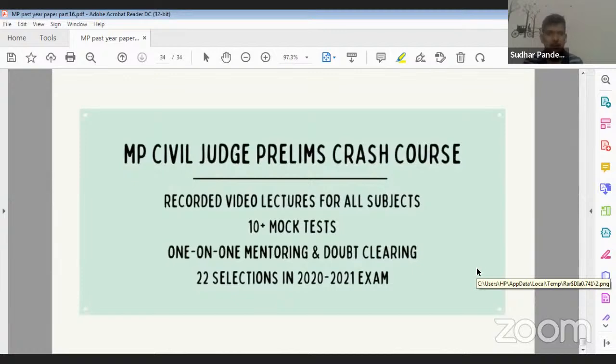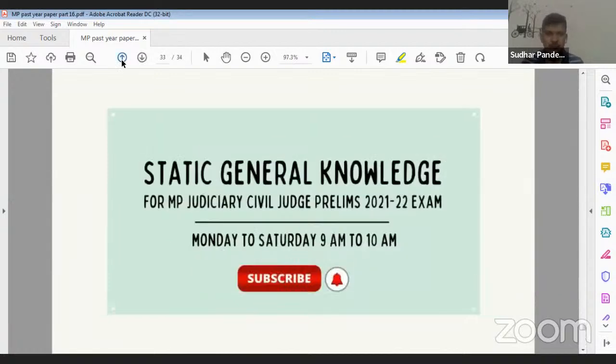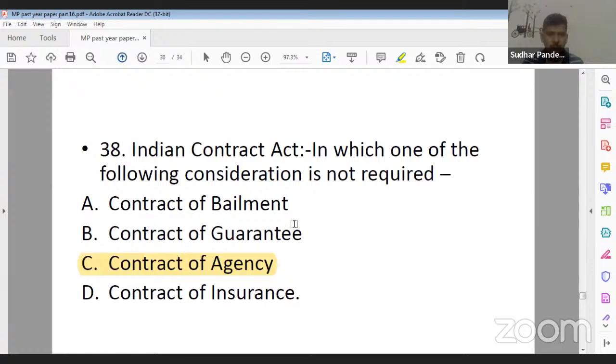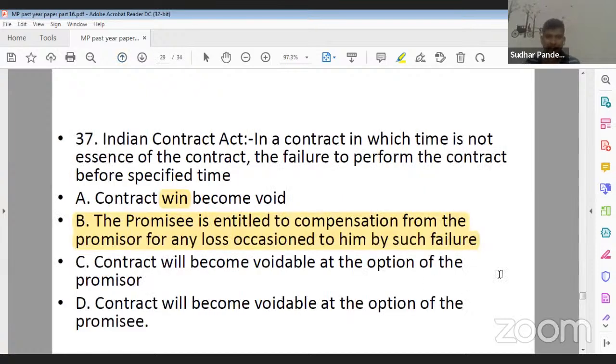Now coming back to Ankita ji's question, question number 37, she wants me to explain more. This question is simply stating that suppose there is a particular contract in which there is no discussion of time, what should be the ideal time?